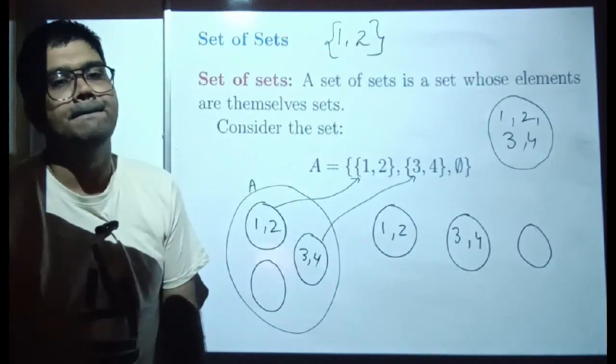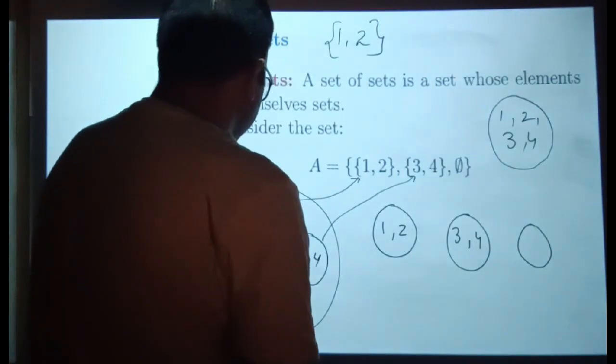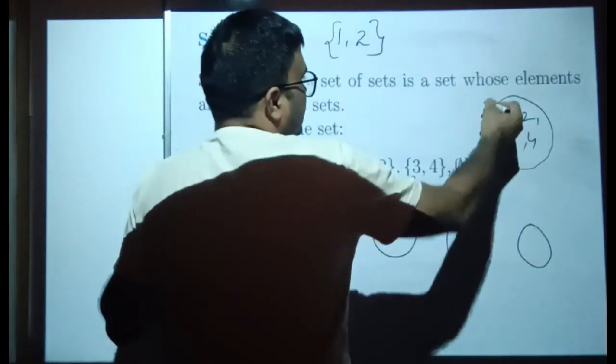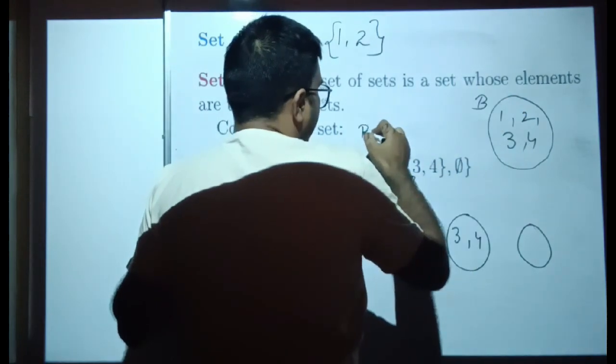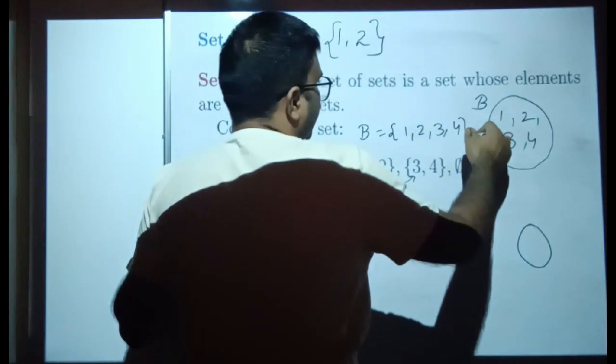Now things are going to become a bit complex. This is the set B, it has the elements 1, 2, 3, 4.